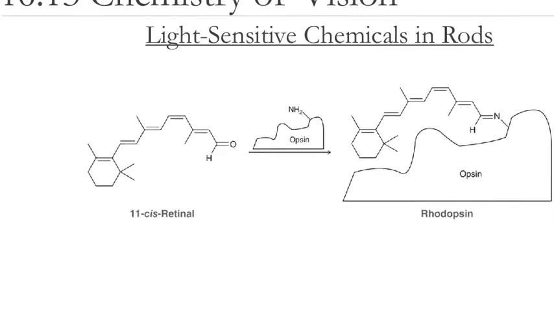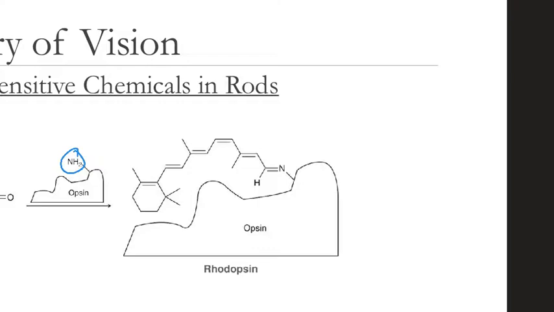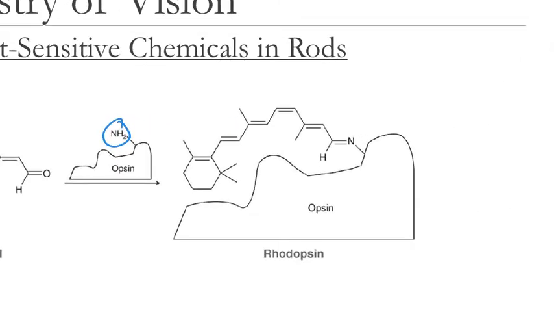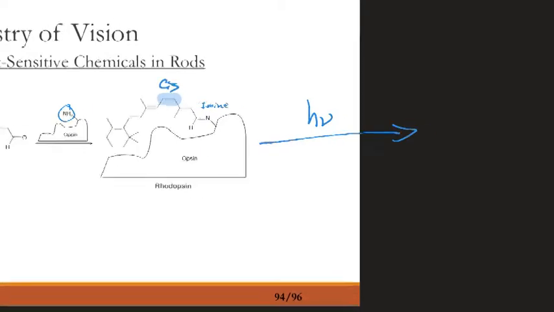We see here 11-cis retinal will attach to opsin at the amine of it, the nitrogen right there, and create rhodopsin, this enzyme with the 11-cis retinal attached, forming this imine here. And it was that when light comes in here, visible light, it's going to end up switching this cis double bond here to a trans double bond.